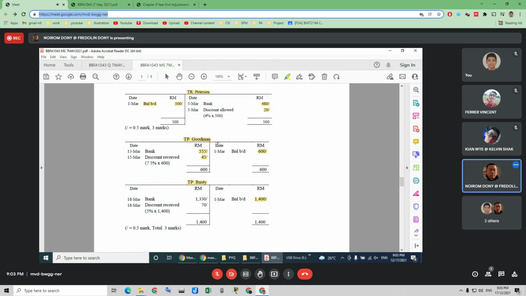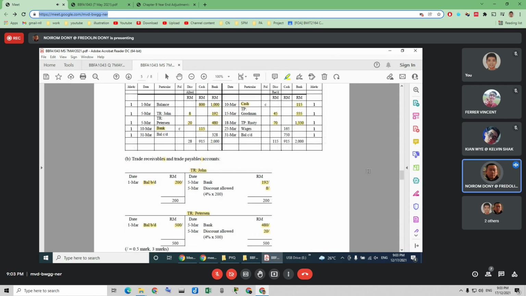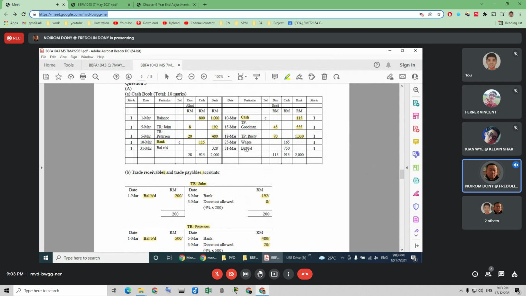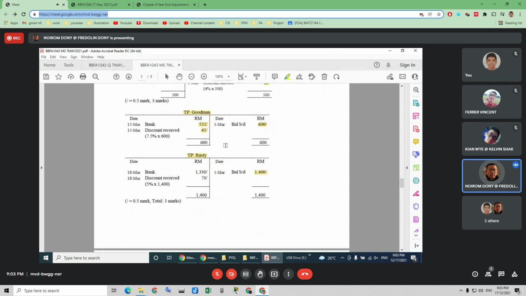Now on the 18th, Rusty account was settled by check subject to a discount of 5%. Same thing, in the prime entry, under the payment side on the credit side, 1,330 and 70. And then complete the single entry in Rusty: 1,330, and discount is 70.